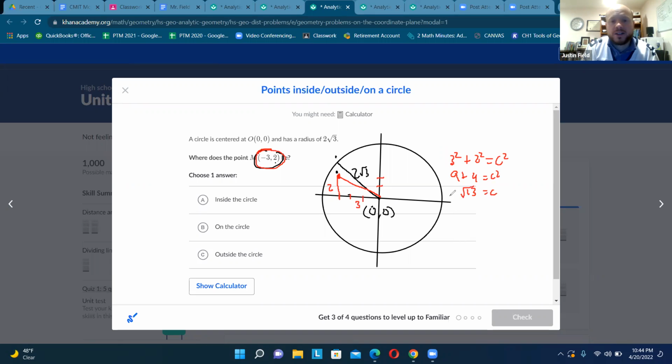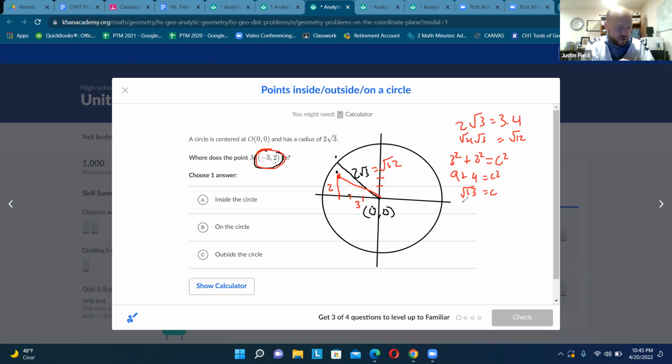So what is 2 root 3? That is square root of 4 times square root of 3, which is square root of 12. Just figured that out really quickly. But if you didn't know that, you could just do 2 root 3, and I get about 3.4.